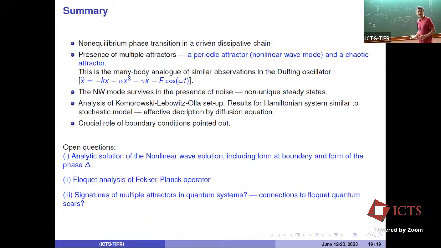So why I'm asking is because this nonlinear wave which you observe seems to be an exact solution of the rotating wave approximation discrete nonlinear Schrödinger equation case, but it is of course not exact in the original Hamiltonian. Right, it's not exact.